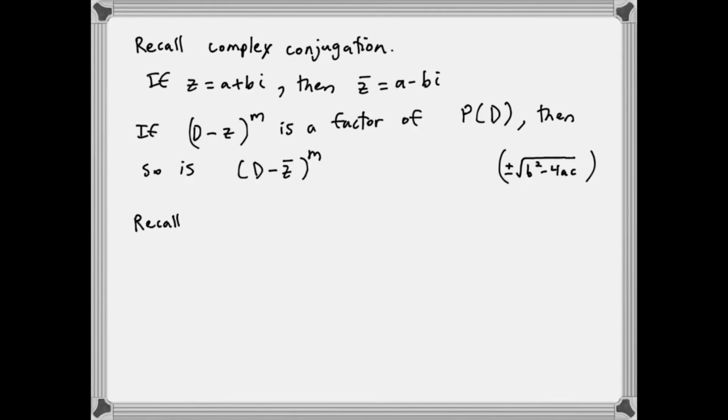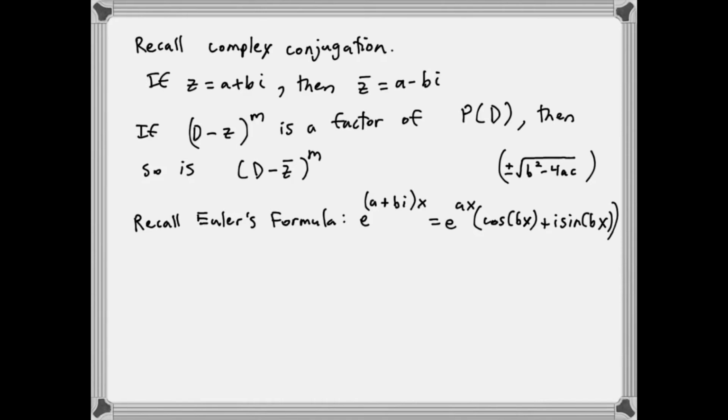So let me help you guys recall Euler's formula. It's one of the nicest formulas in math. It says that e to the (a plus bi)x is equal to e to the ax times cosine of bx plus i sine of bx.